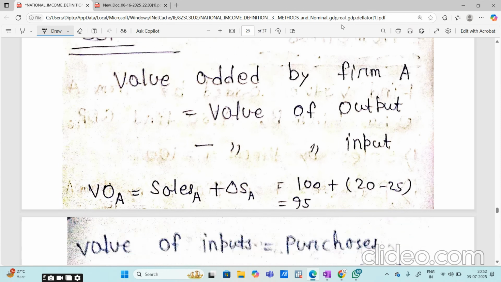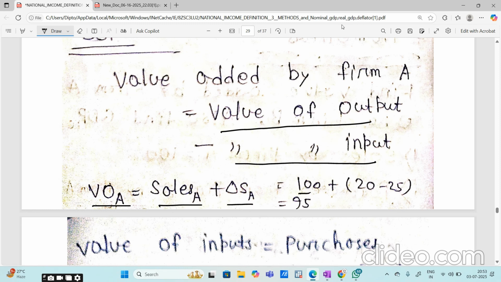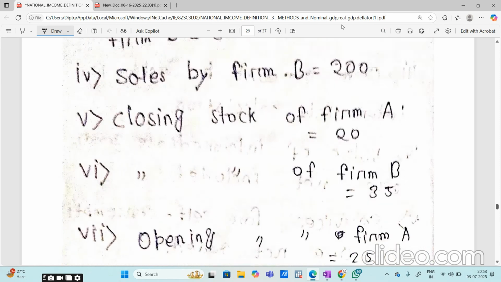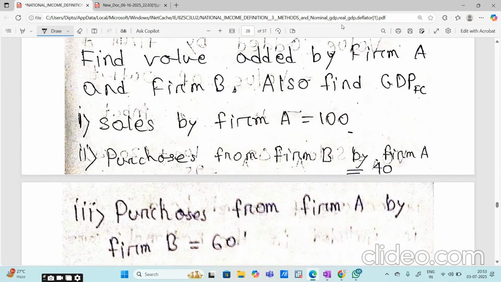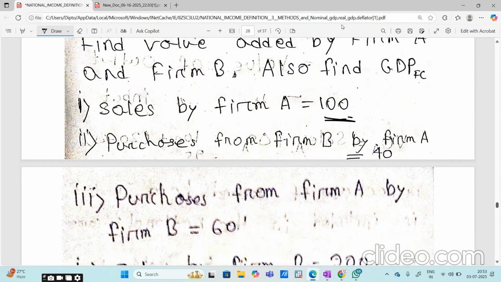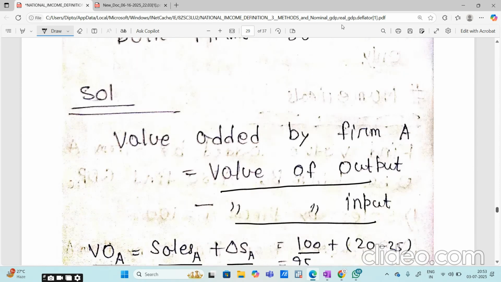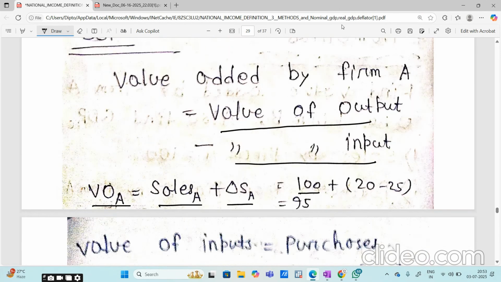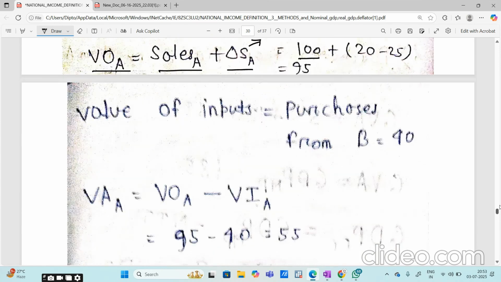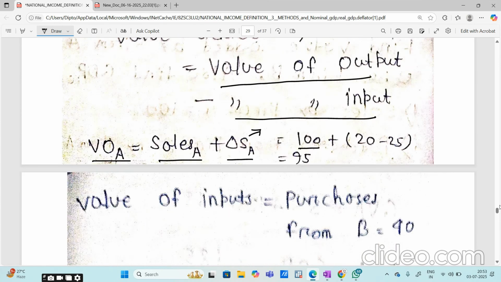And what will be the value added by farm A? It will be value of output of farm A minus value of input of farm A. Value of output of farm A should be calculated as sales of A plus change in stock of A. Sale of A is 100, which is directly given here. This is the sale by farm A. And change in stock, as we have discussed, is closing stock minus opening stock.